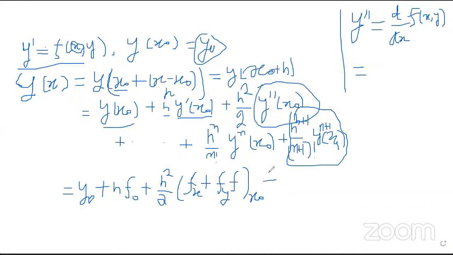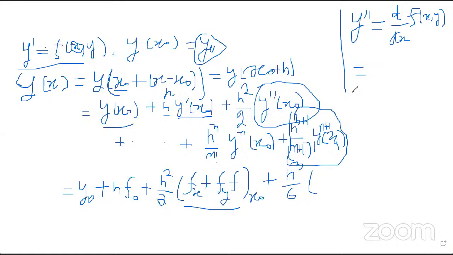Now go for the fourth term. What will be the fourth term? It will be h cube by factorial 3, or we can write directly 6, whatever you are writing, and then quickly tell me what will be the y triple prime.